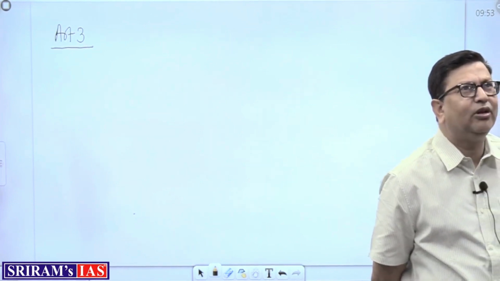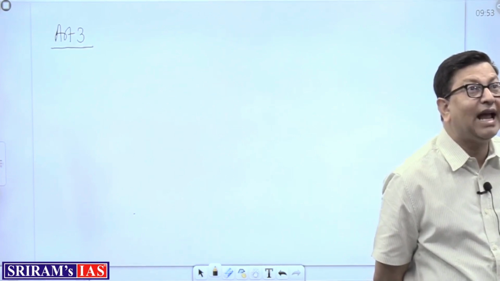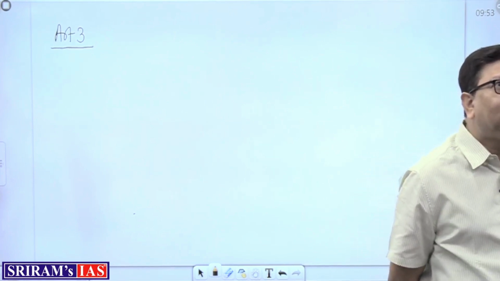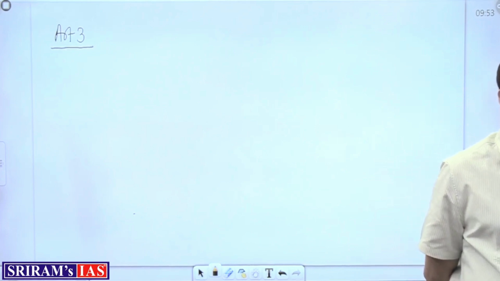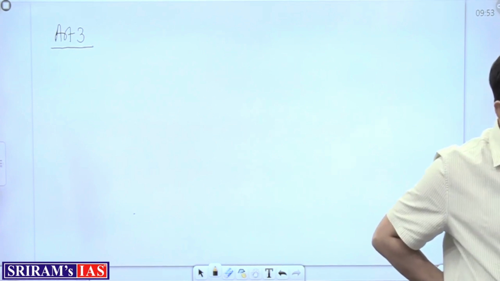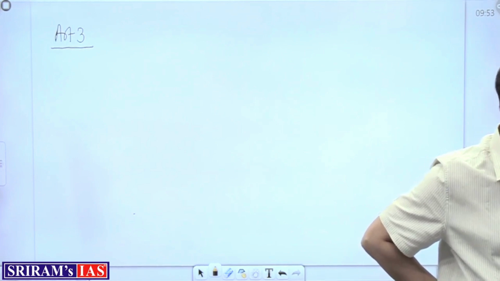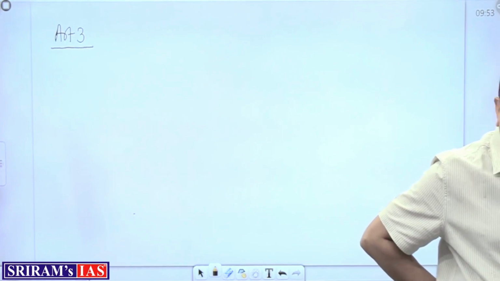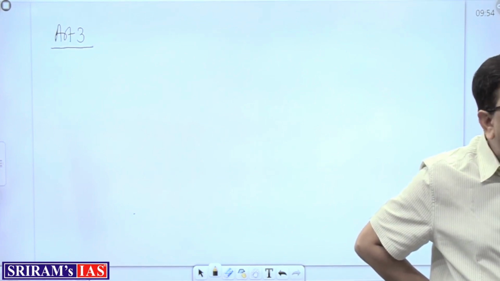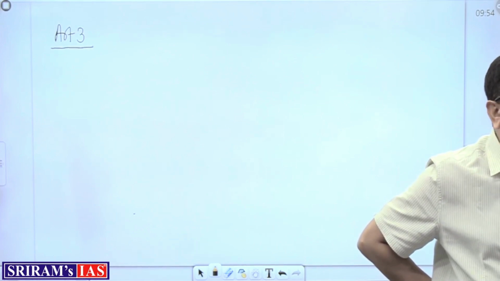There is a query from one of our friends from the online class about why the word shall is used in article 1. I don't know your name, it is by some code 231171. You see, when our constitution makers were drafting the constitution, they used the words that India, that is Bharat, shall be a union of states. At that point of time, India was to be declared as a union of states. That is why they have used the word shall.